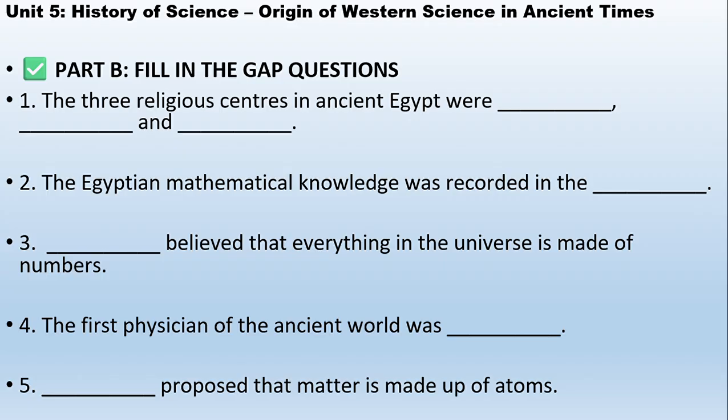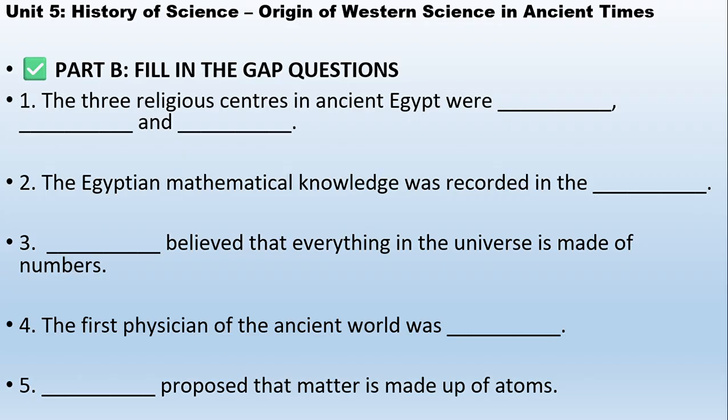The Egyptian mathematical knowledge was recorded in the Rhind Mathematical Papyrus. You see, this is the reason why this course is very difficult. You have to be careful of the spelling. Imagine all those names.